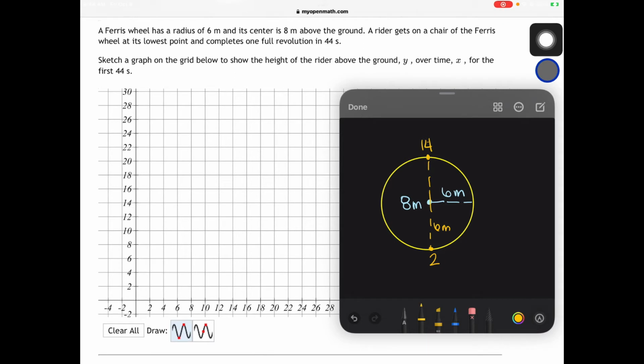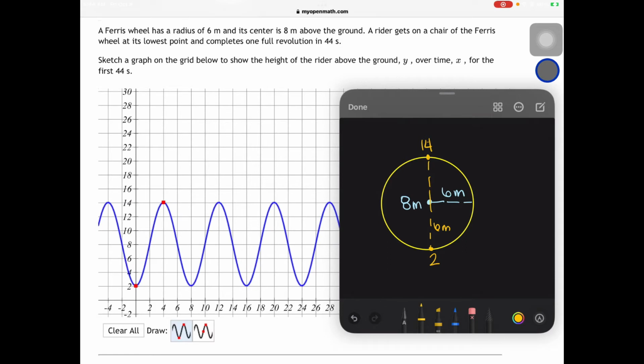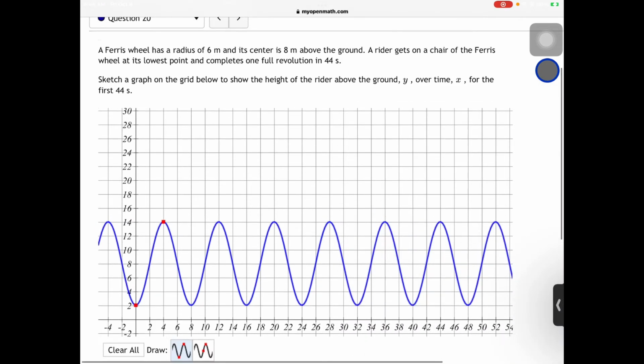Now I'm going to plot my lowest point, and my highest point I know is going to be at 14. Now this really doesn't make a whole lot of sense to leave it right here because we know we have to move it to create some wave. Well, let's look. Here they say it completes one full revolution in 44 seconds.